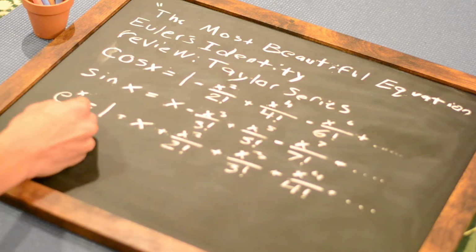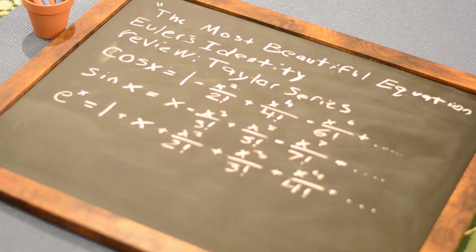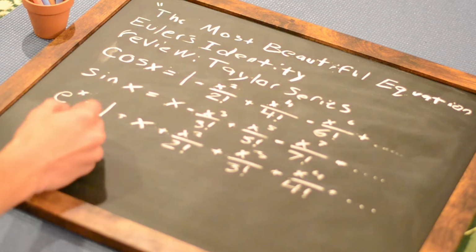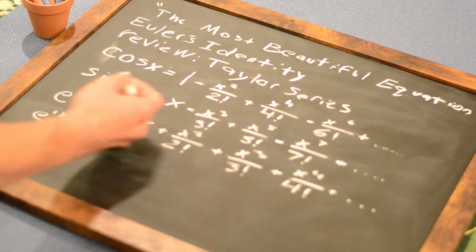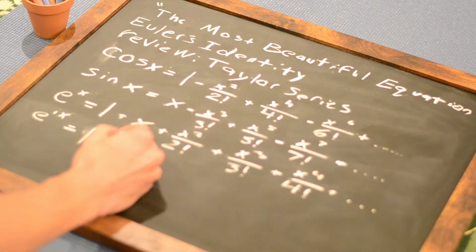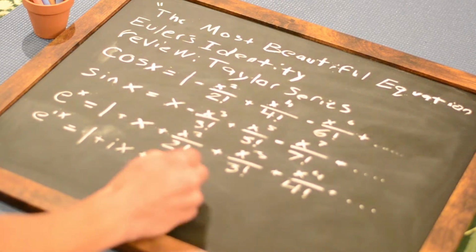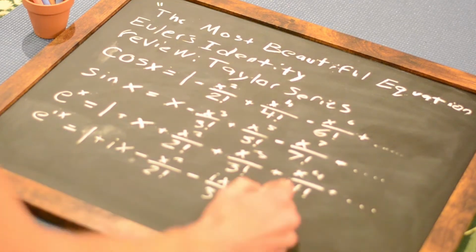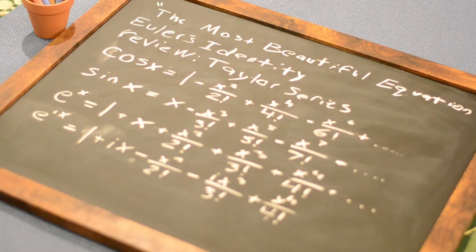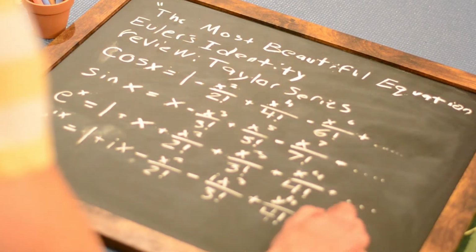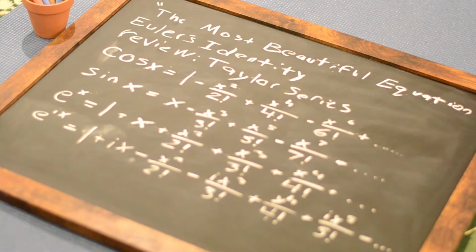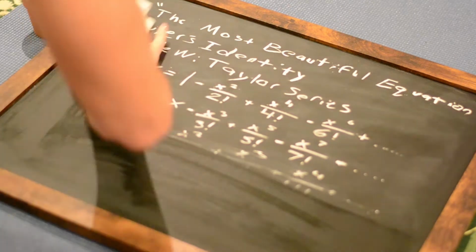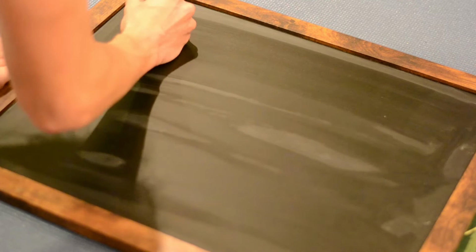Now, what if we threw in an i, that is the square root of -1? If we substitute ix into wherever we see x in the previous equation, we get this following Taylor series: 1 plus ix minus x squared over 2 factorial minus i x to the 3rd over 3 factorial plus x to the 4th over 4 factorial, and etc. And as you can see, there's some alternating real terms and some imaginary terms.